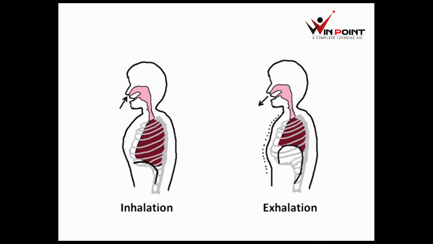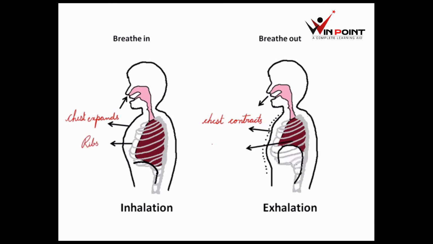Let's understand with the help of a diagram. Inhalation means breathing in, whereas exhalation is breathing out. When we breathe in, the chest expands, and when we breathe out, the chest contracts. This is ribs, lungs. This is diaphragm. Now, what is happening? The diaphragm contracts when we breathe in, whereas the diaphragm relaxes when we breathe out.